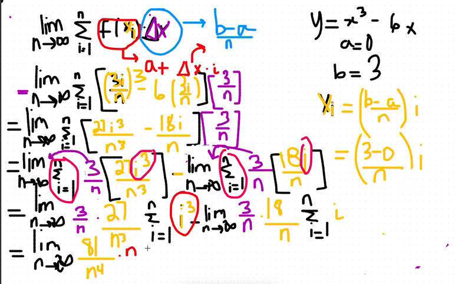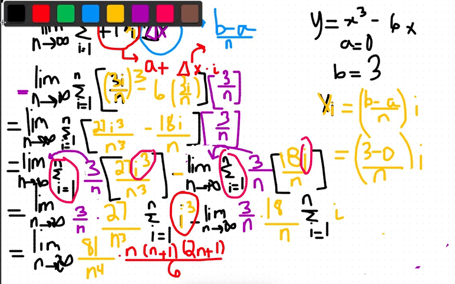So this one will be n plus 1, 2n plus 1, all over 6. So now you don't need this summation symbol anymore because this whole thing became this. So the summation of i cubed is this whole thing.